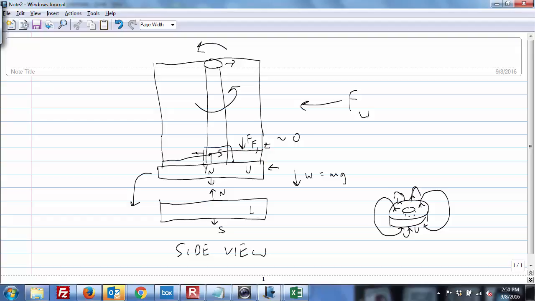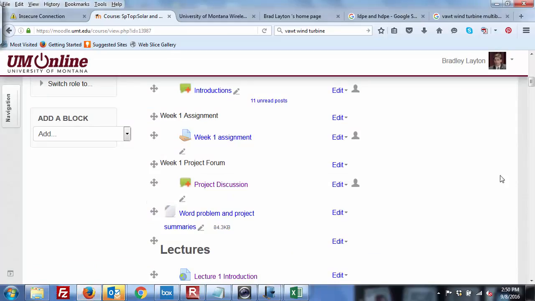This whole thing spins, and the shaft is going to extend all the way down onto some base. This entire thing is spinning. The entire upper magnet does indeed have to spin. So this is stationary. This is spinning.